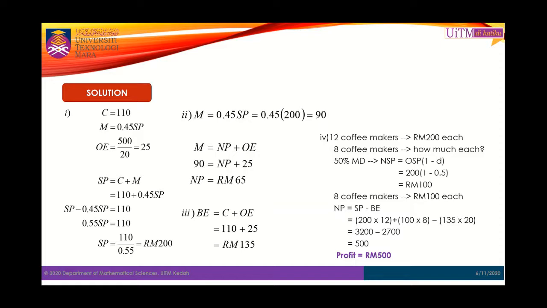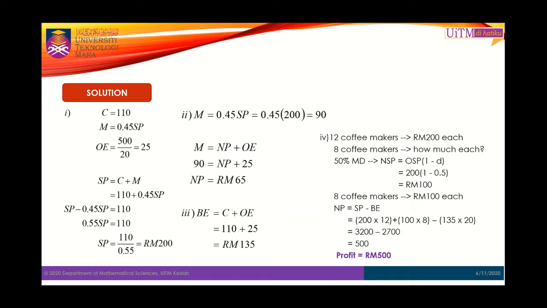So taking the total selling price, that is 200 times 12 plus 100 times 8, you get 3,200, and then the total break-even price for the 20 coffee makers will be 135 times 20, you get 2,700. So in this case, you get the NP to be equal to 500. This is a positive value.